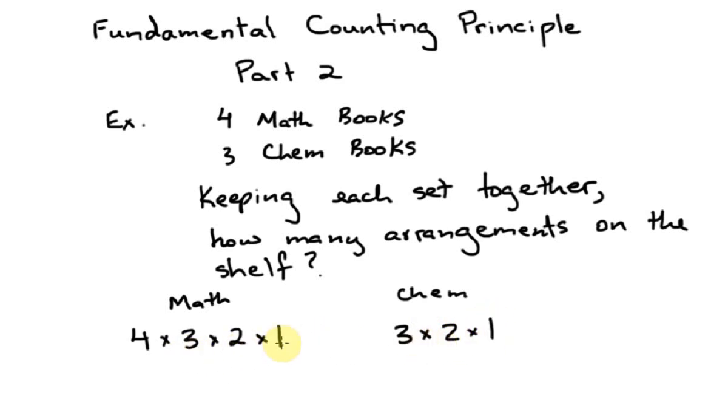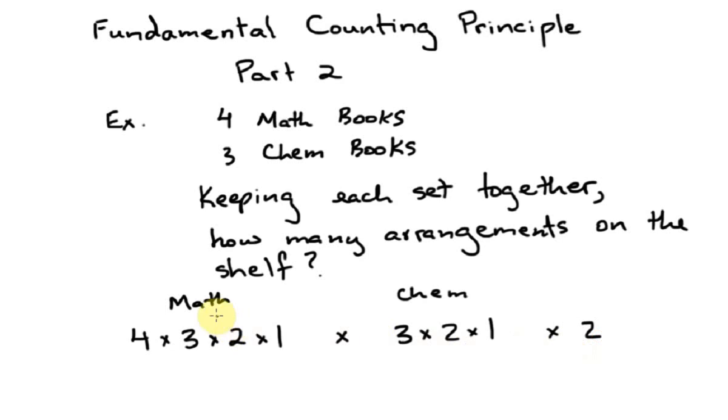And of course we would take the arrangements for the math books and multiply that by the number of arrangements for the chem books. Now there's one more thing I can do. I can take all of these arrangements and times it by 2. Now why would I have to double this?